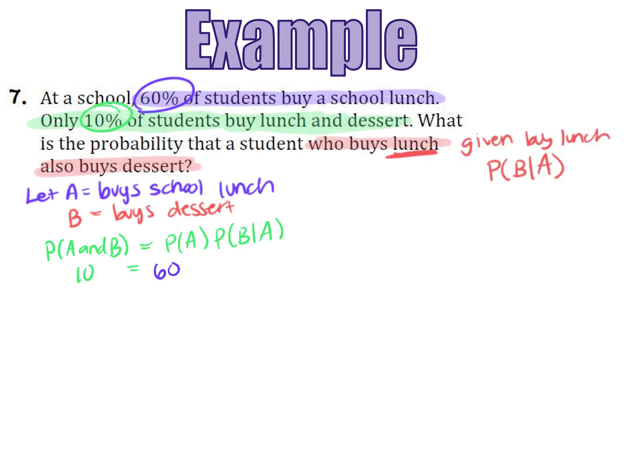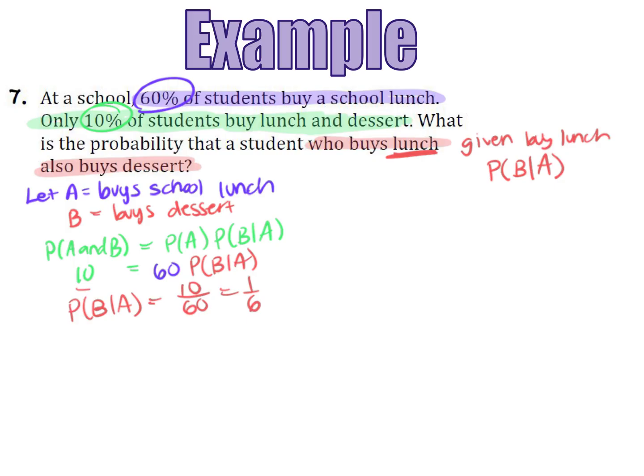And what we're looking for is this piece here, the probability of B given A. So what we're saying is 10 equals 60 times something. So to solve for the probability of B given A, we're going to divide both sides by 60, and that's going to give us 1/6. The probability that a student who buys lunch also buys dessert is 1 out of 6.